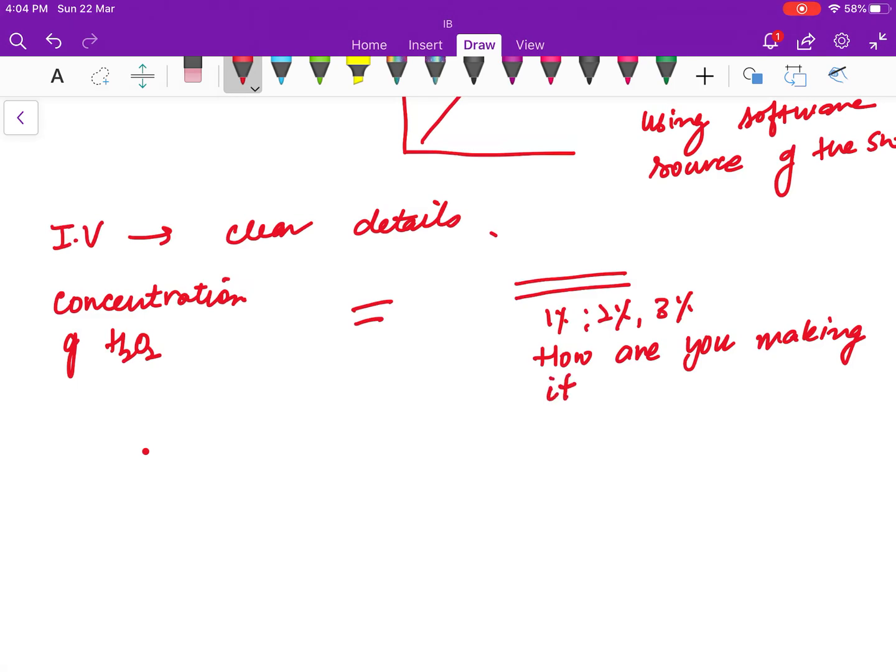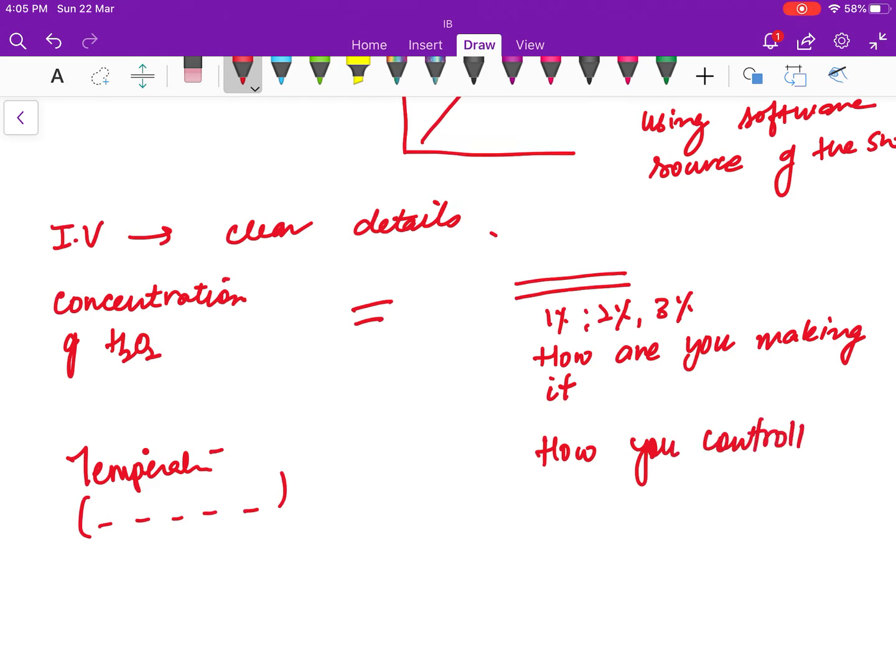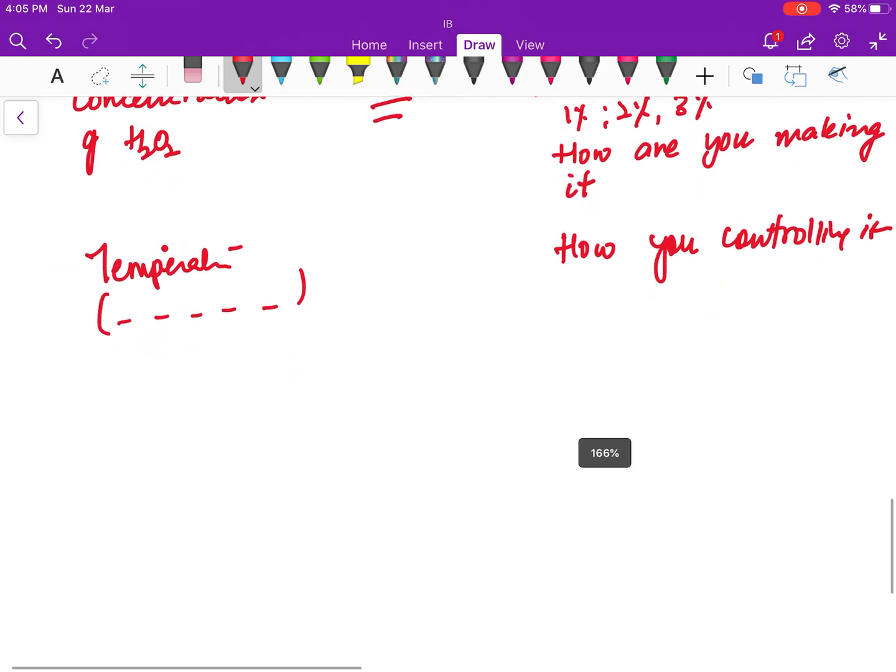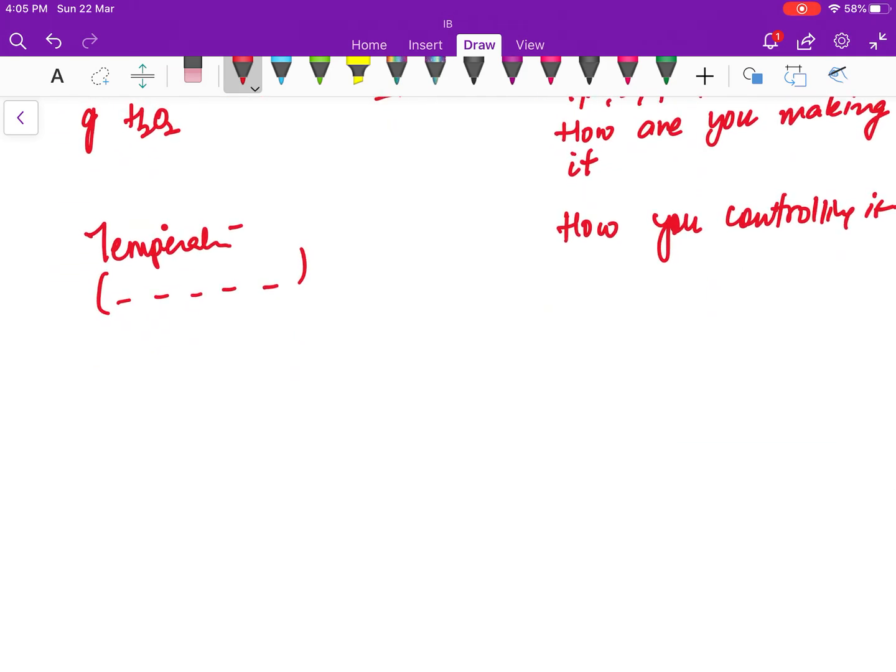If you have given me the independent variable as temperature, and you have given me a range of 1, 2, 3, 4, 5, are you using a water bath? How are you controlling it? Using a water bath, an electronic water bath, or the Bunsen burner, you have to mention.